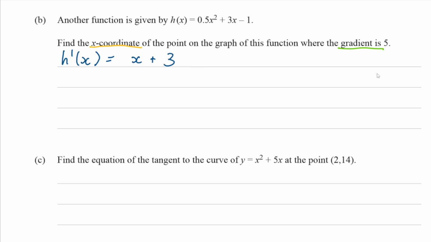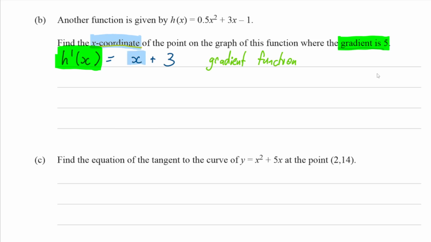So the gradient function of h of x is x plus 3. And what this tells us is it relates the gradient h prime of x to any input x.